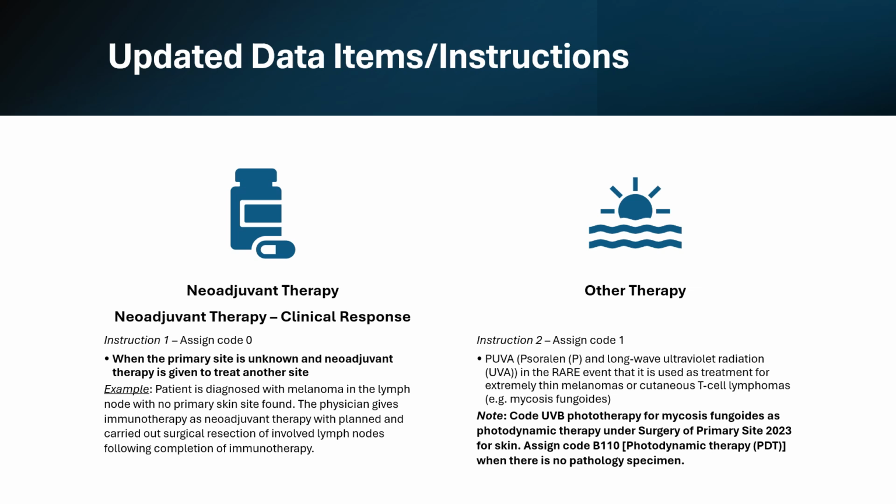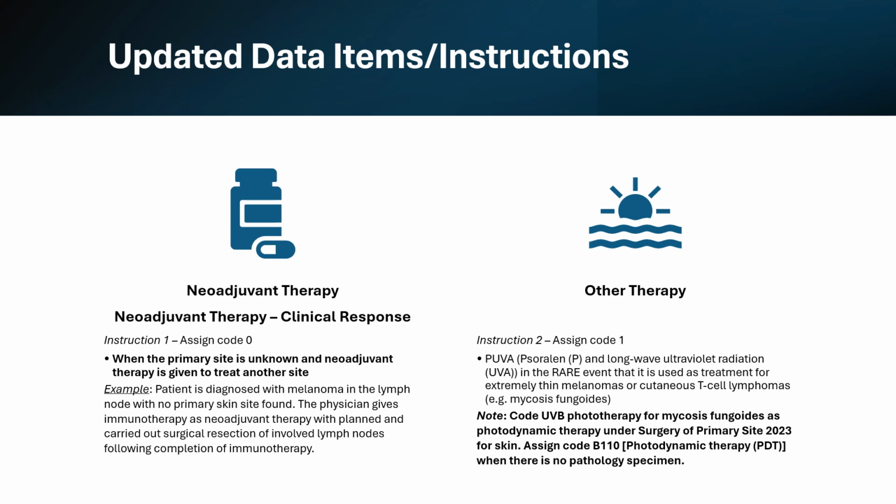For the data items neoadjuvant therapy and neoadjuvant therapy clinical response, for instruction 1, assigning code 0, this information on the slide that is in bold, when the primary site is unknown and neoadjuvant therapy is given to treat another site, has been added.